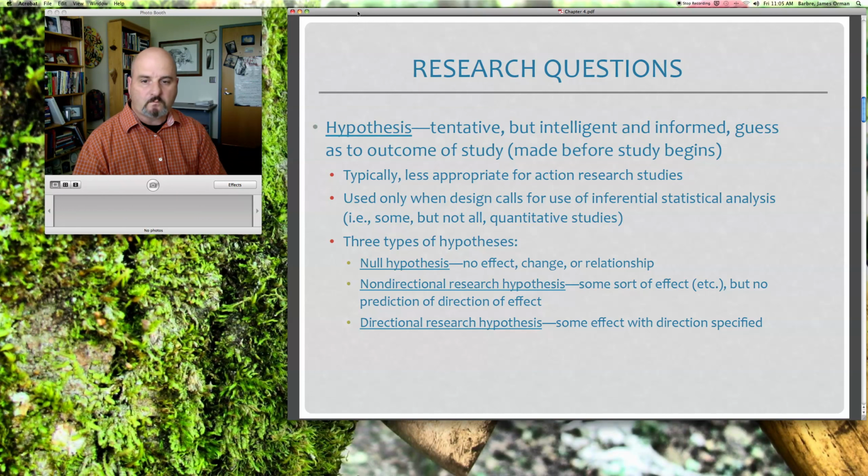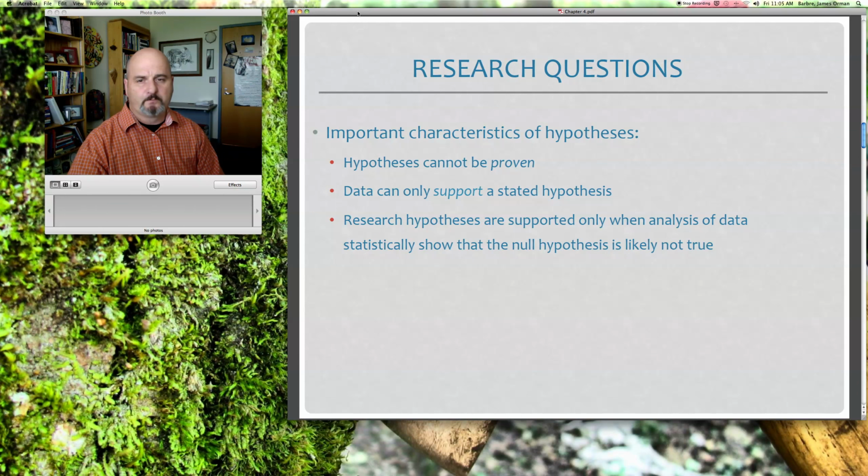Okay, there are three types of hypotheses: the null hypothesis, the non-directional, and the directional. Your book has some very good information on this, so be sure to refer to this. And if you're conducting a study that is more quantitative in nature, these will come into the picture. Qualitative, probably not quite so much. Okay? So the characteristics of a hypothesis, all right?